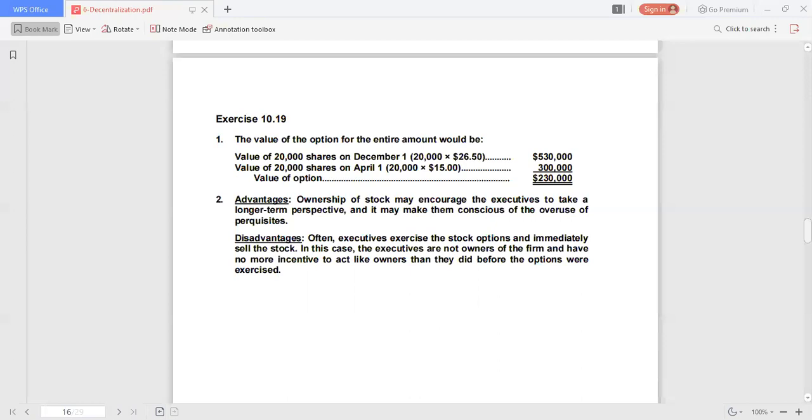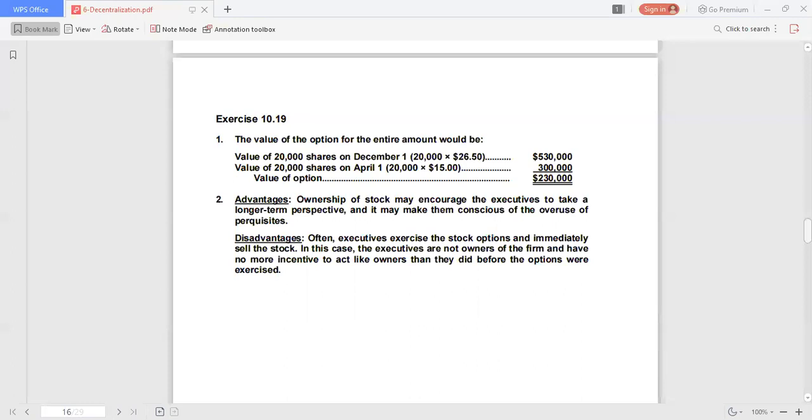Then discuss some of the advantages and disadvantages of this type of stock. Advantages: ownership of stock may encourage the executives to take a long-term perspective, and it may make them conscious of the overuse of perquisites.